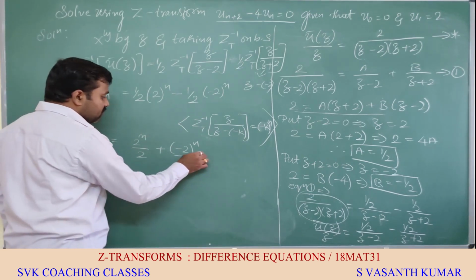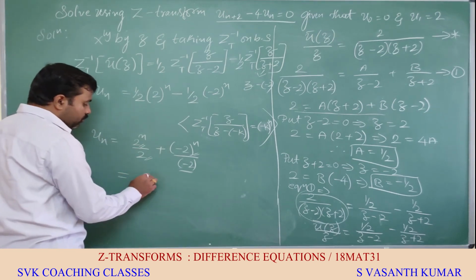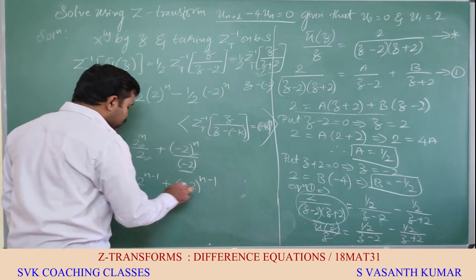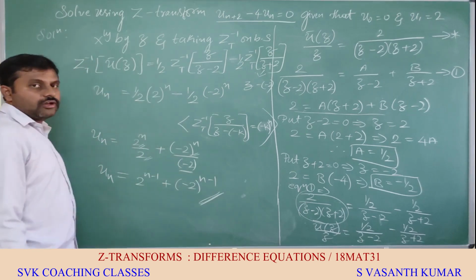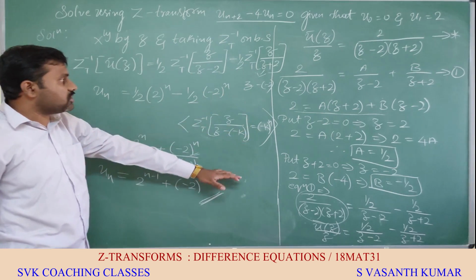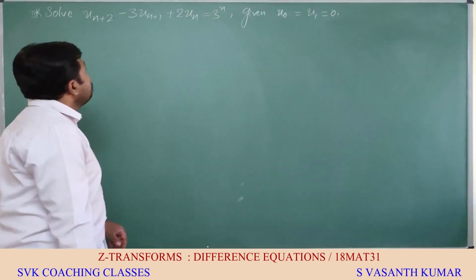Now bases are same, add the powers, which is nothing but 2 power n minus 1 plus minus 2 power n minus 1. This is the required solution for the given problem. So for any difference equation, this is the procedure to solve by using Z transformation.